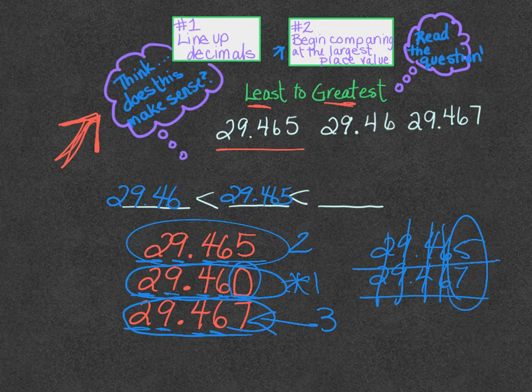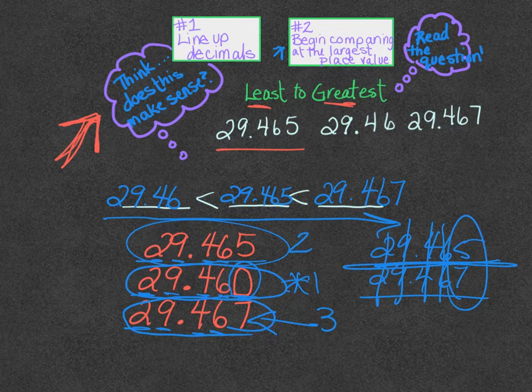Oh, this guy would be next. So now that leaves me with only one left. So I've done that one. So that leaves me with 29 and 467 thousandths as my greatest. And I have done these from least all the way to greatest.